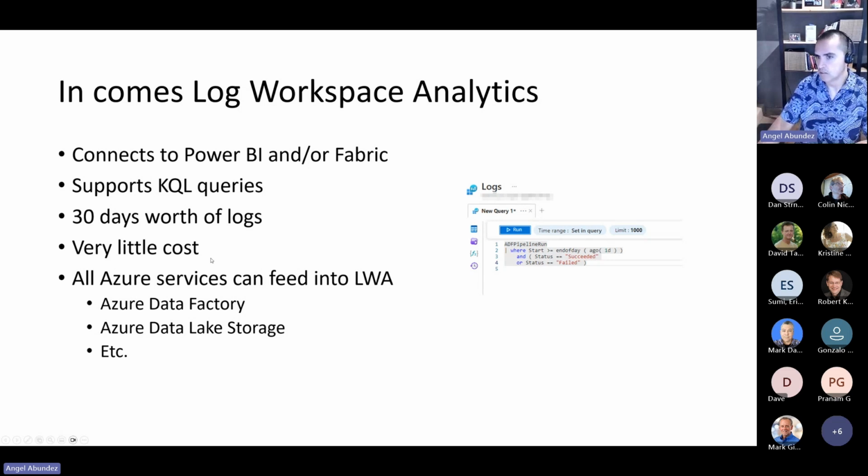It's very little cost. Out of the box, you get 30 days' worth of logs. If you want more than that, then you get charged on the data that you store and the ingress to this tool. And I've already talked about that all the Azure services can feed into it.